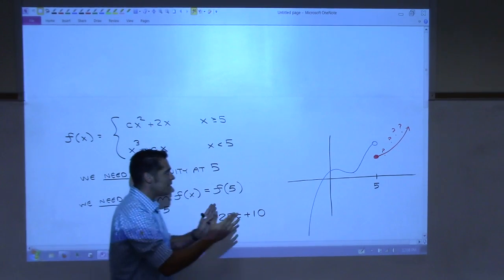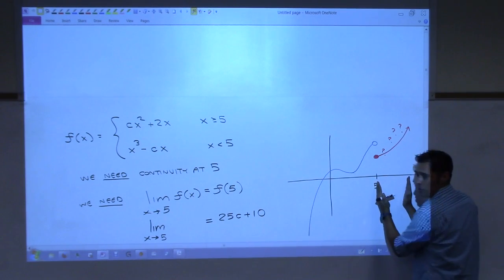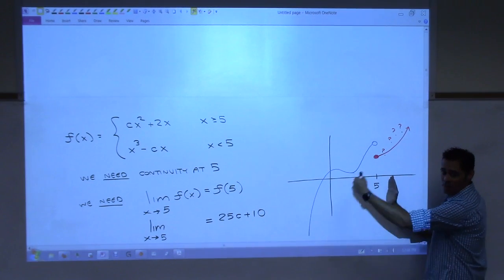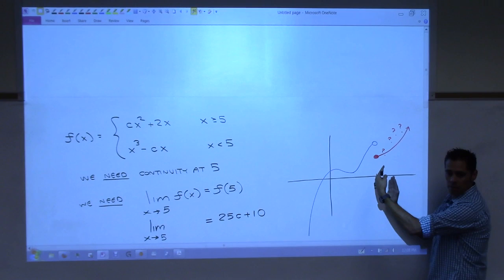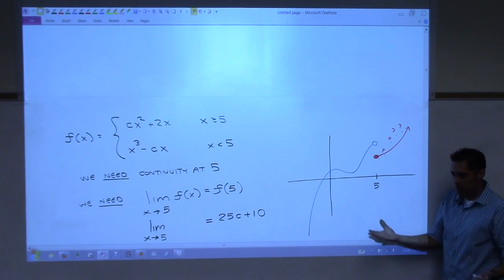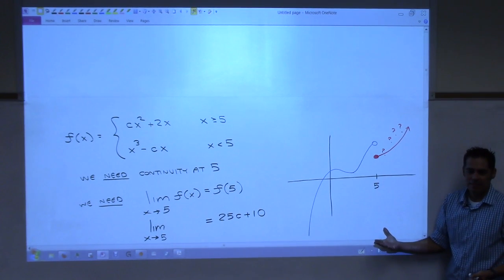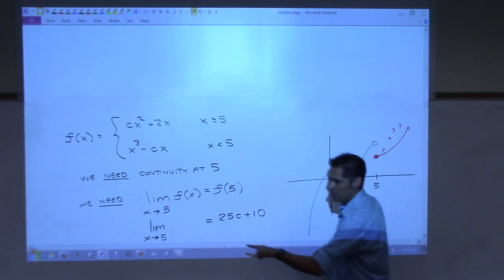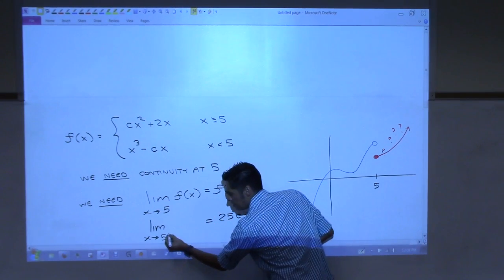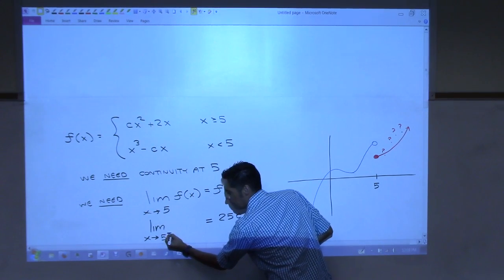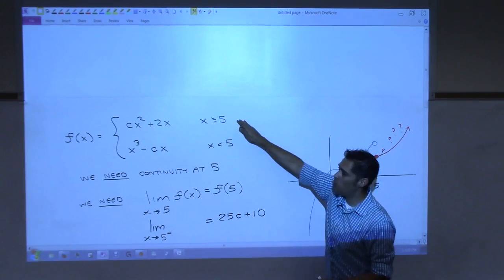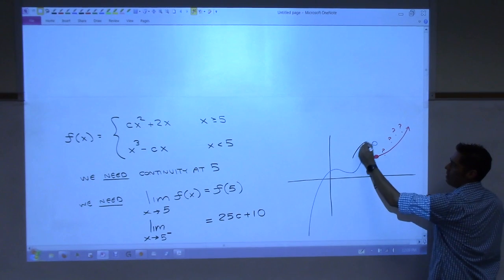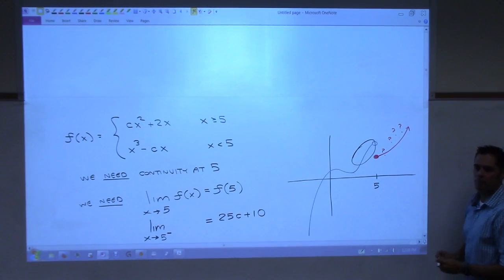So right continuity is already established. What I need is left continuity to happen, and then the two of those together would give me the full continuity that I need. So I'm going to change this to left side, because I'm working with the inequalities in my picture. Making that side continuous.